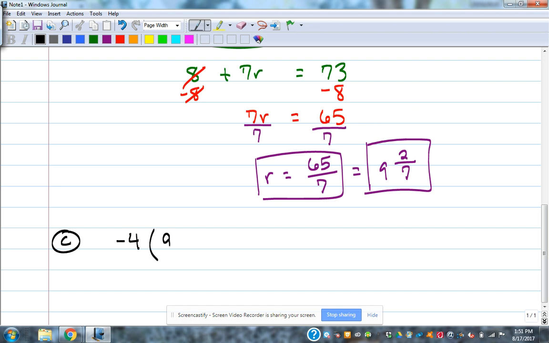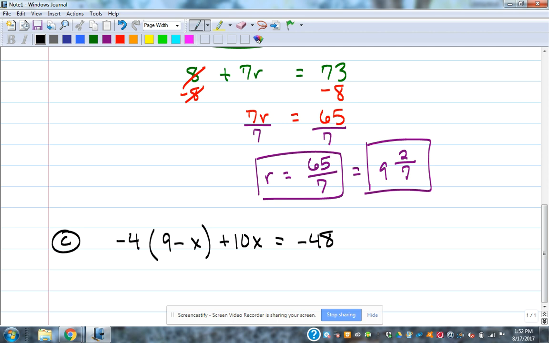-4, parentheses, 9 minus x plus 10x equals -48. So just throwing some negative signs in there. Still no fractions in the problem. Yeah, we're going to get the fractions in the problem.